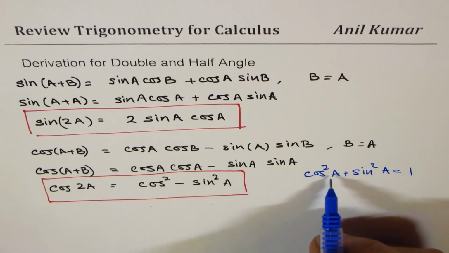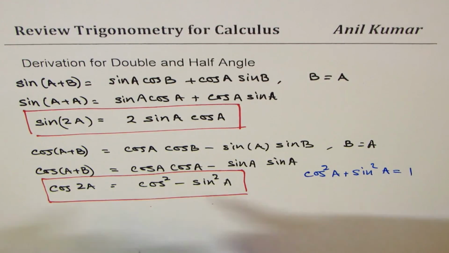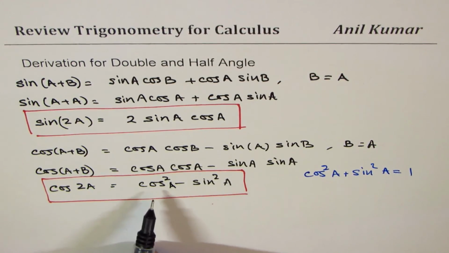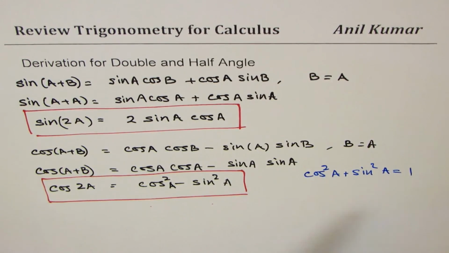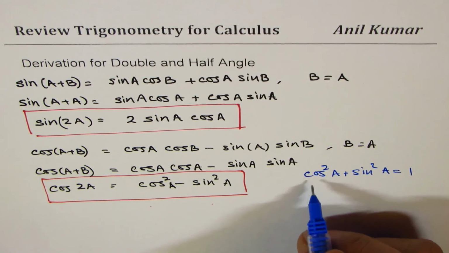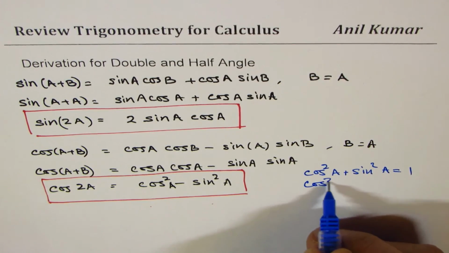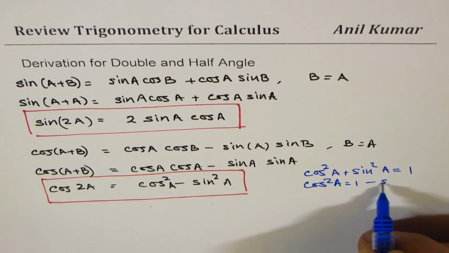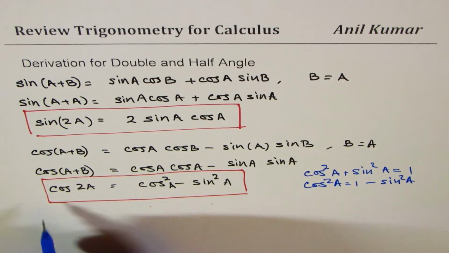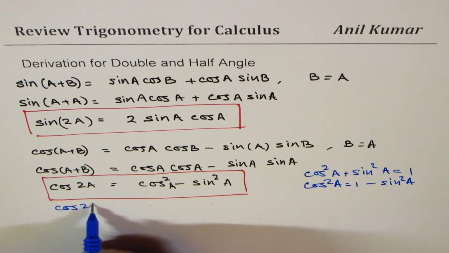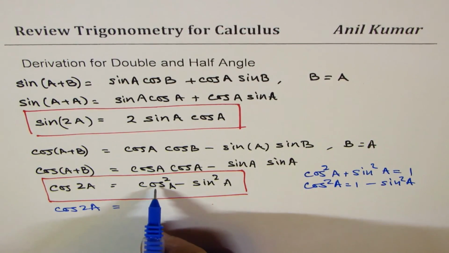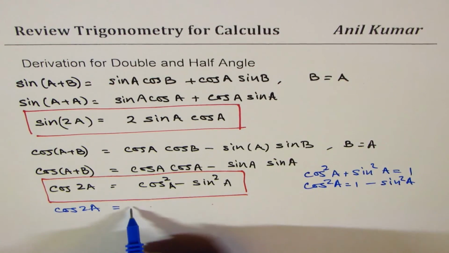I could replace cos square A with 1 minus sine square A, correct? So that is to say, we could say cos square A equals 1 minus sine square A, right? So I could write cos 2A as equal to, replacing cos square A as 1 minus sine square A.